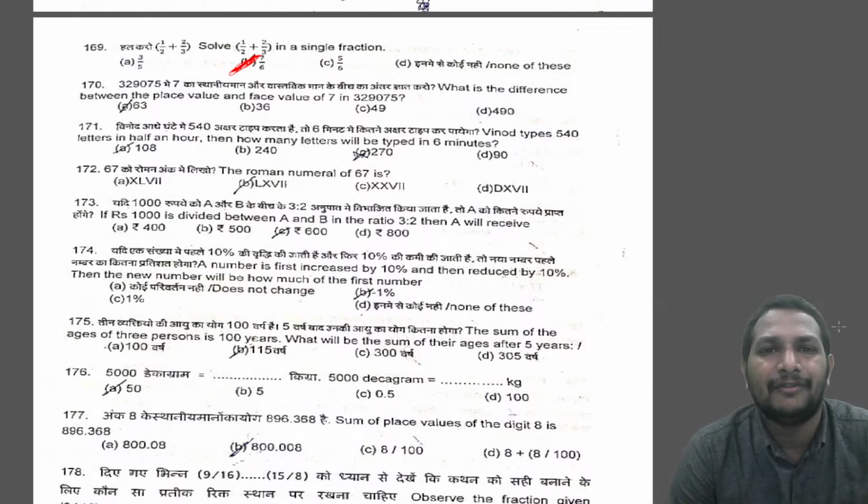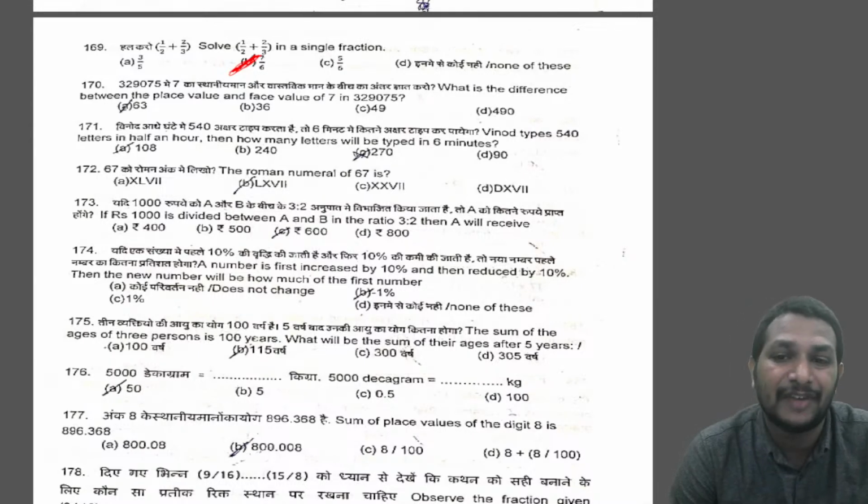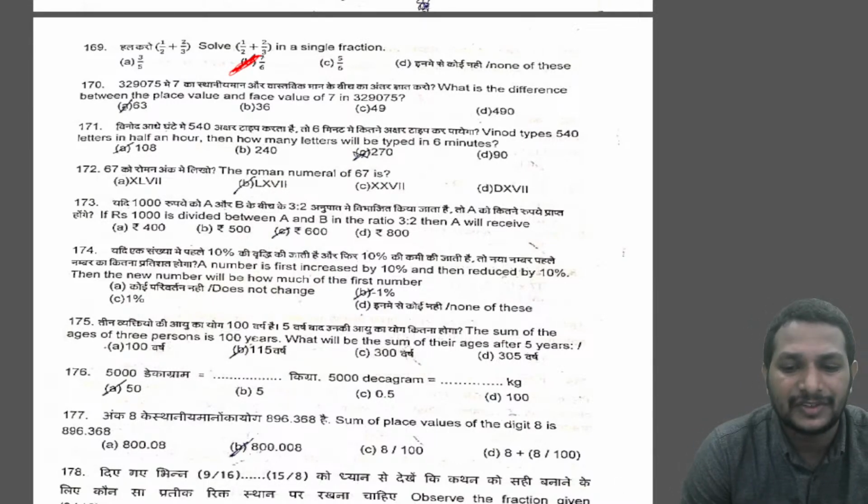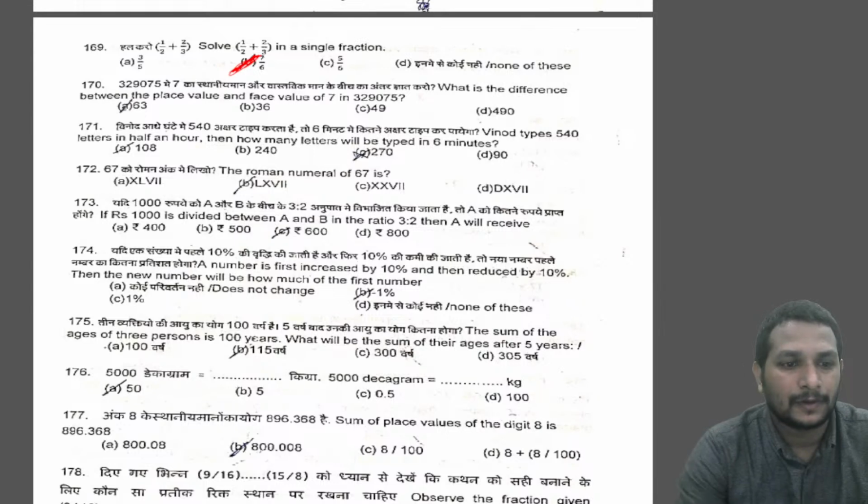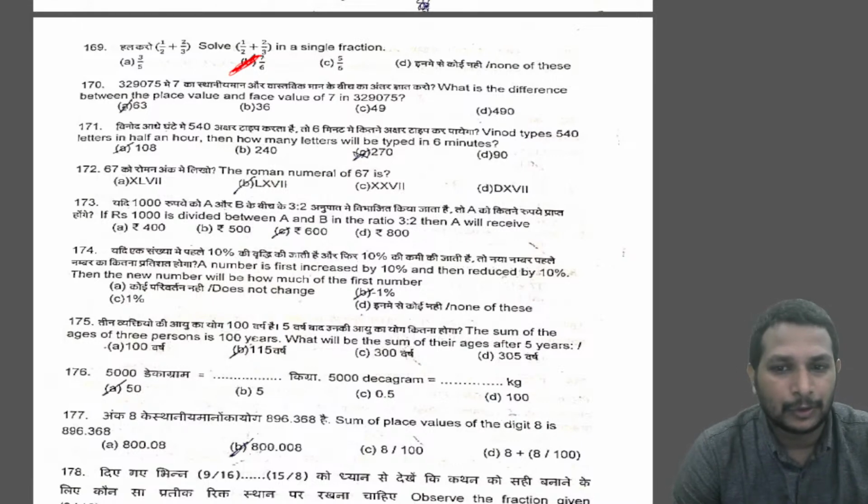Now, if you look at question number 170: what is the difference between the place value and face value of 7 in 329075?